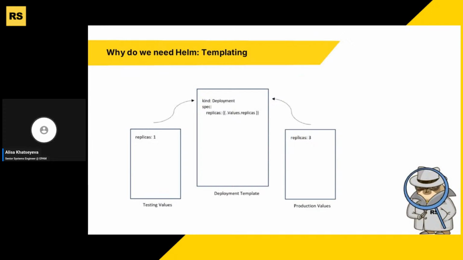For example, we might deploy only one replica of a pod for testing, while deploying 3 replicas for staging and production. Instead of maintaining multiple YAML manifests for each object to accommodate different environments, Helm offers a way of templating the YAML. For example, we create a YAML file for a deployment object and create separate values for each environment.